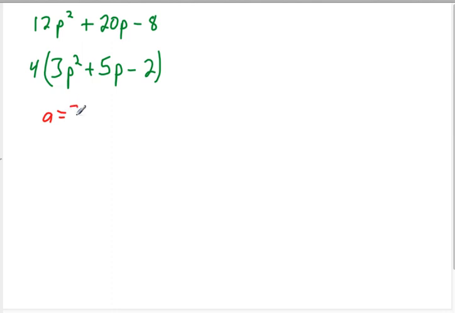I mean, it's got to be in the answer, but we can figure out our a, b, and c. So a is going to equal 3, b is going to equal 5, c is going to equal negative 2. ac equals negative 6, b is 5, so we need factors of negative 6 that add to 5. One of these has to be negative, so it could be a 6 and negative 1, because those would add up to 5. And we're going to make our box.